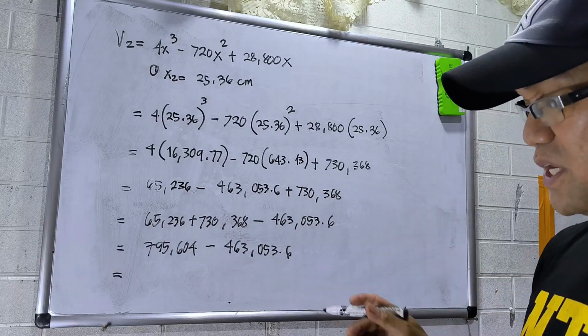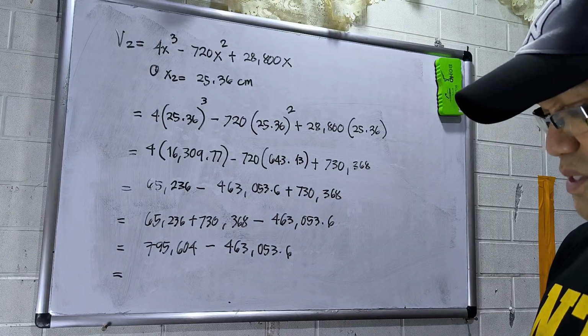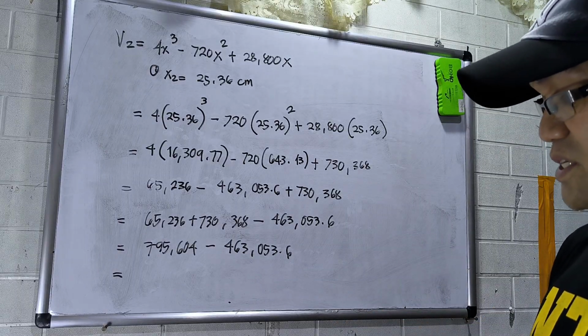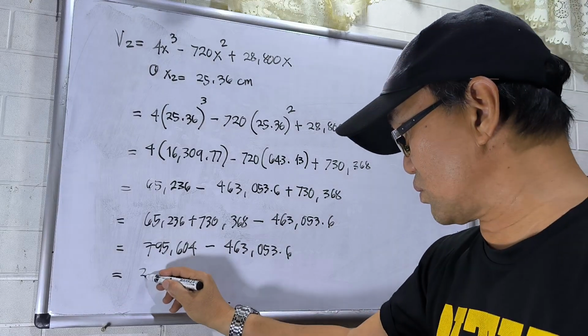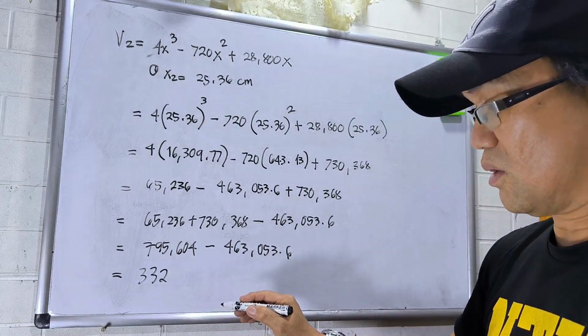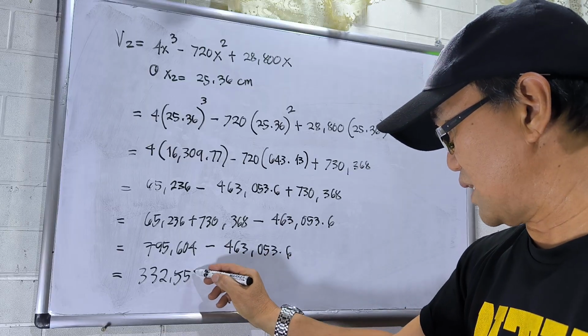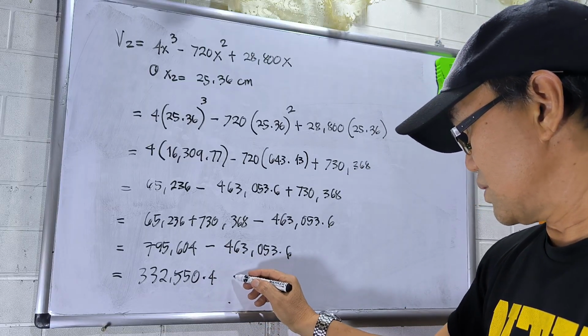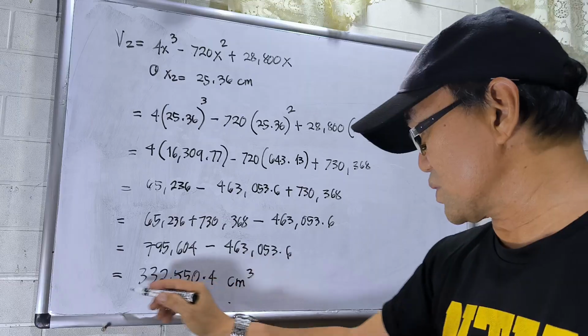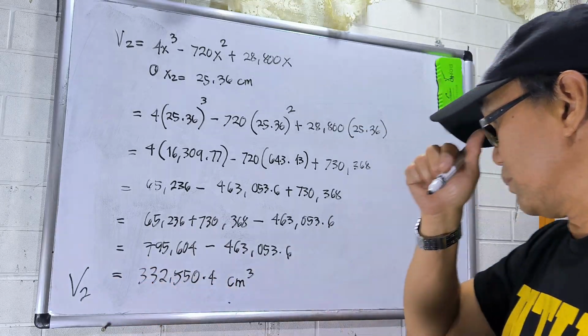I forgot to write the 0.6. So the answer is 332,550.4 cubic centimeters. So we will accept this kind of volume.